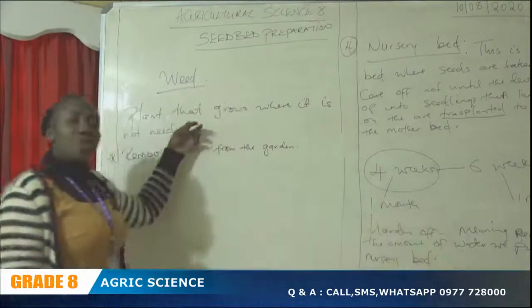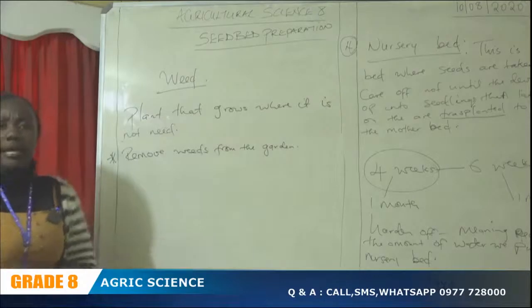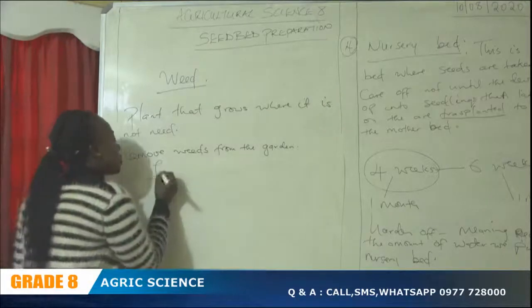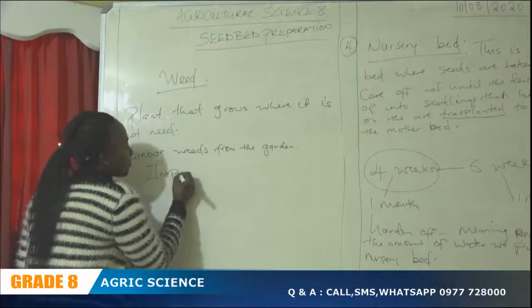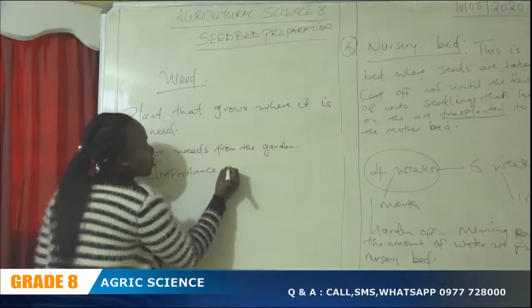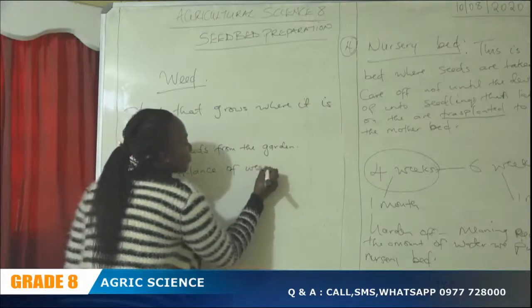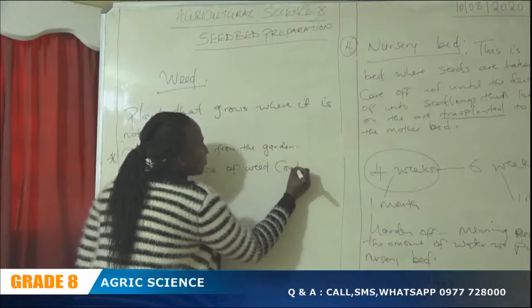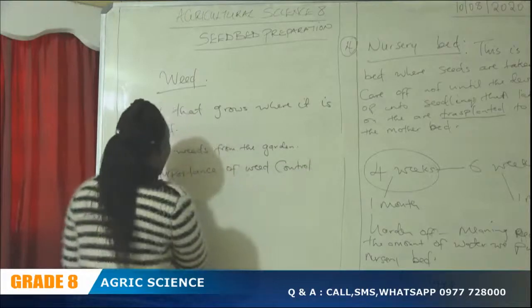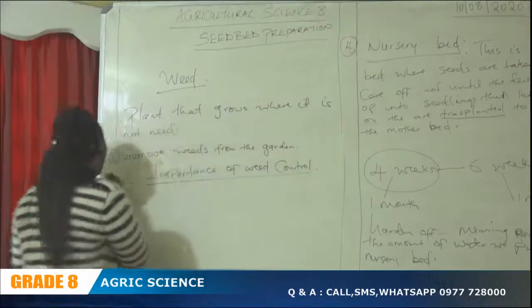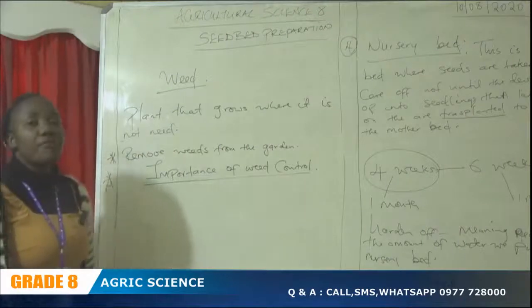So why do you think we do not need these weeds in our garden? So the importance of weed control. Why do you think it is important to remove weeds from the field?